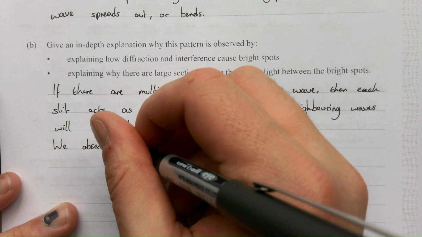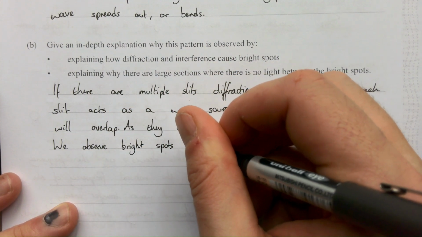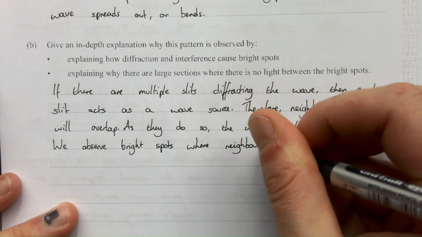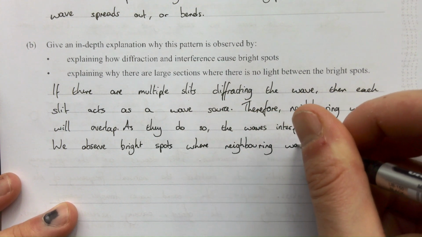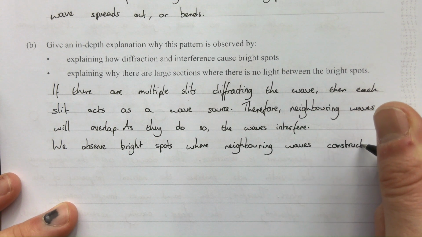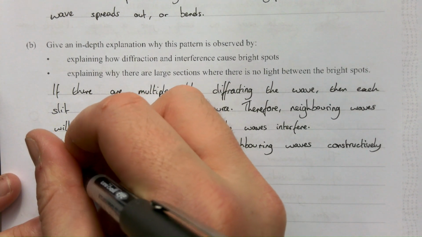We observe bright spots where neighboring or adjacent waves constructively interfere.